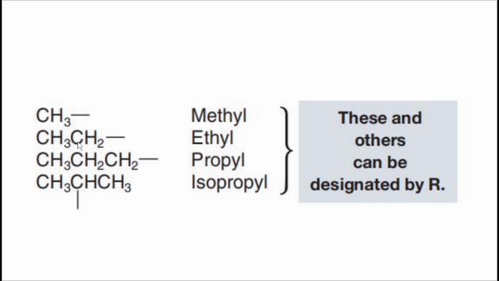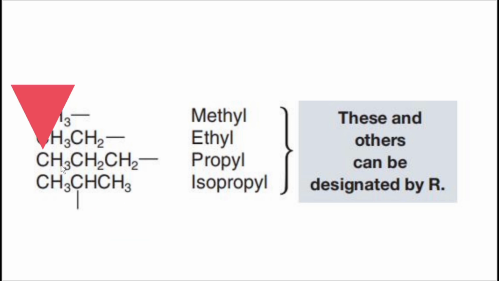But in the case of propyl, I have 2 opportunities. One is taking the hydrogen from the end carbon or the starting carbon, or I can take a hydrogen from the middle carbon.